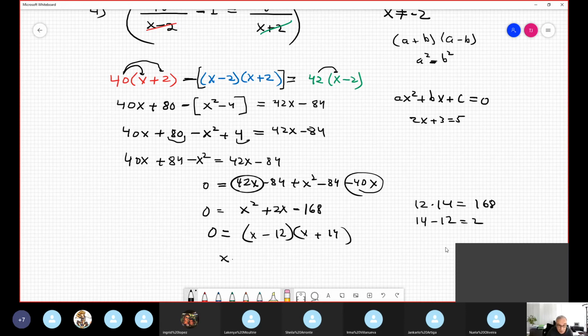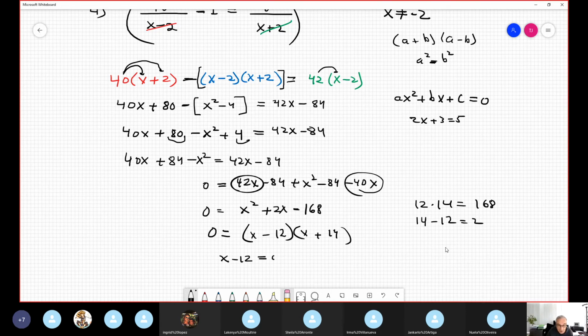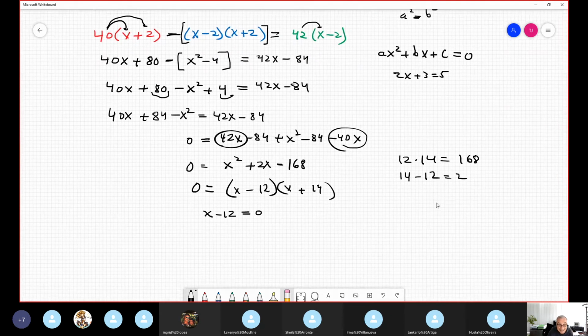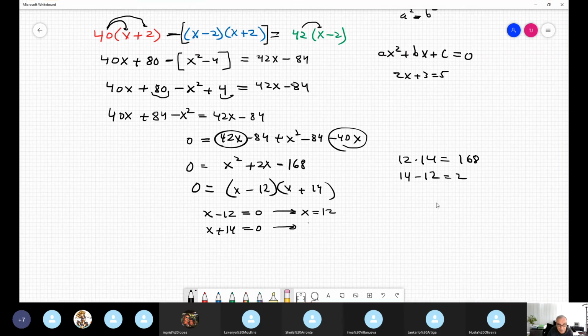And you separate into equations. This is the only way we are studying so far to solve a quadratic equation by factorization. The answer is obvious: 12. And the answer in that case is negative 14.